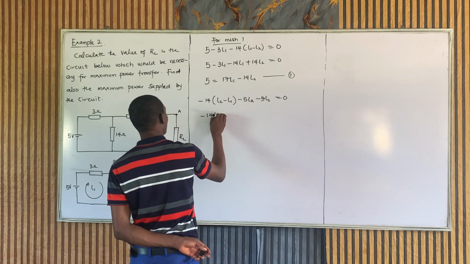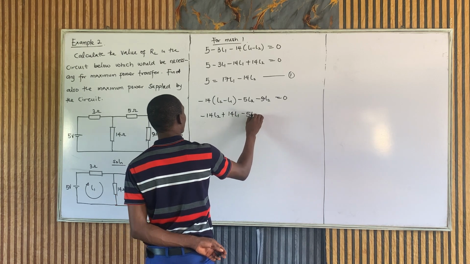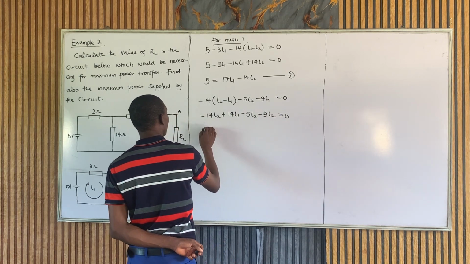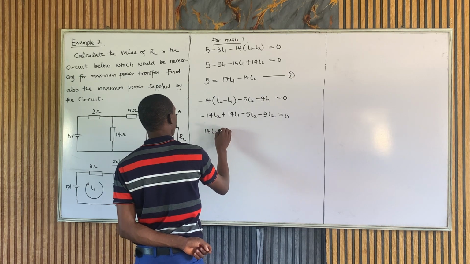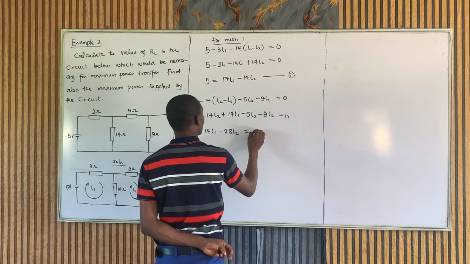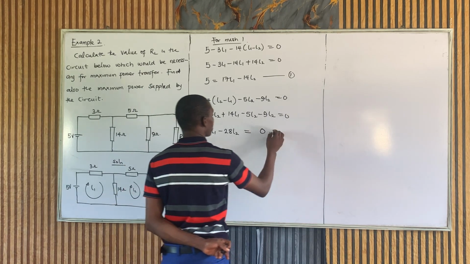Minus 14I2 plus 14I1 minus 5I2 minus 9I2 equal to 0. So this will give us 14I1 minus 28I2 being equal to 0. This is equation 2.